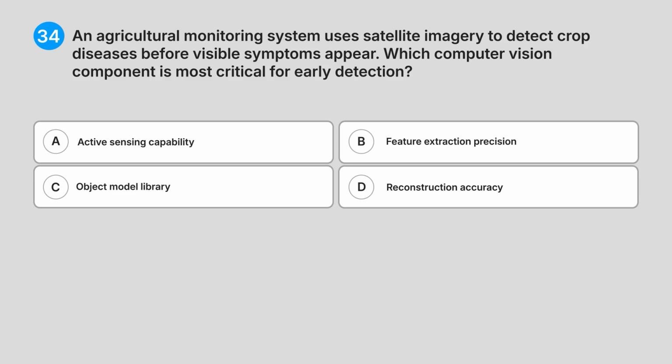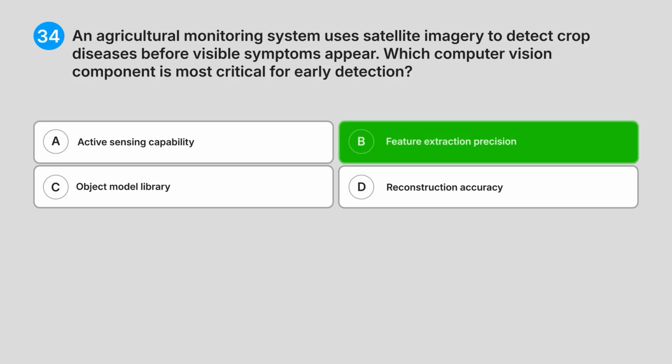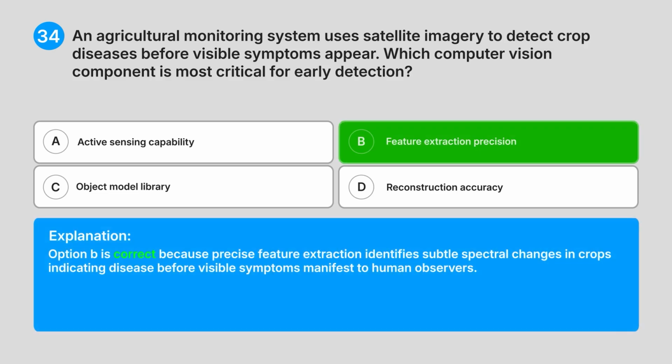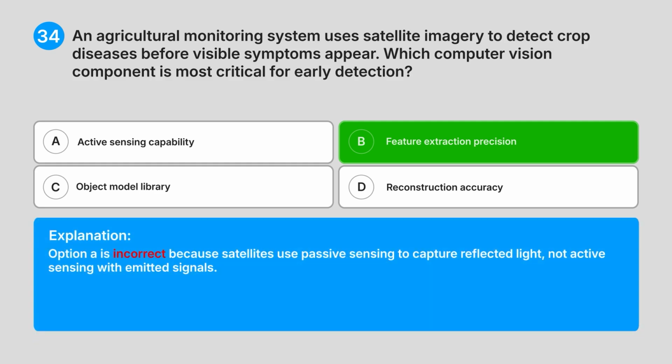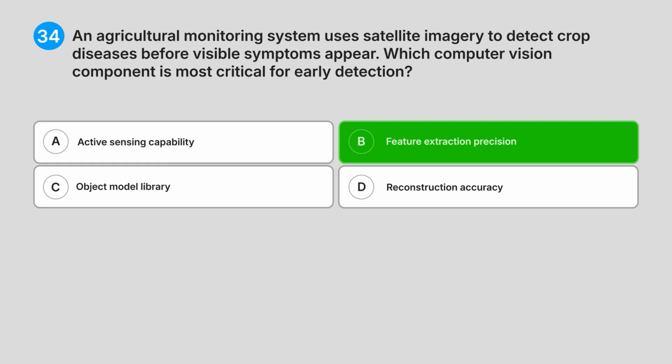Correct answer, B. Feature extraction precision. Explanation: option B is correct because precise feature extraction identifies subtle spectral changes in crops, indicating disease before visible symptoms manifest to human observers. Option A is incorrect because satellites use passive sensing to capture reflected light, not active sensing with emitted signals.